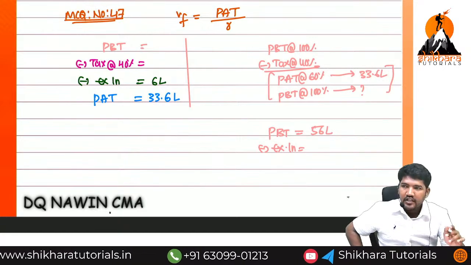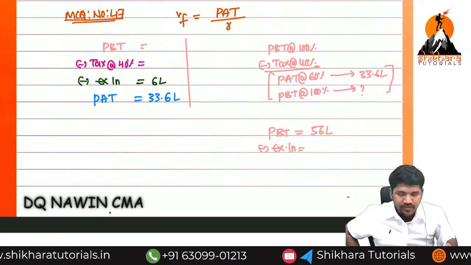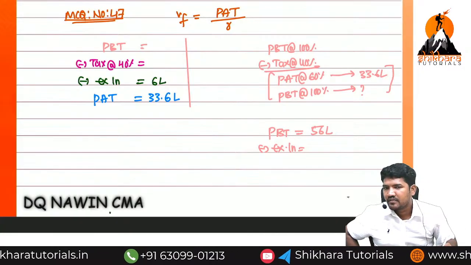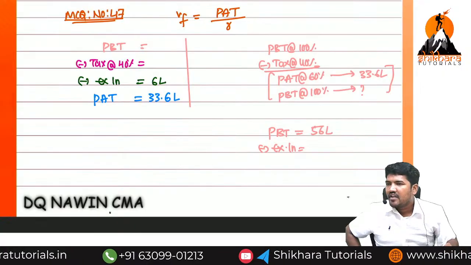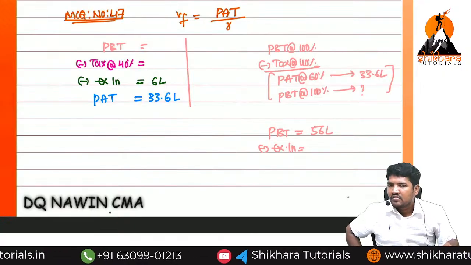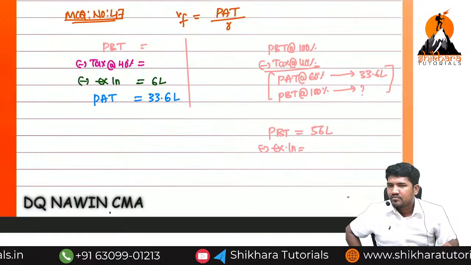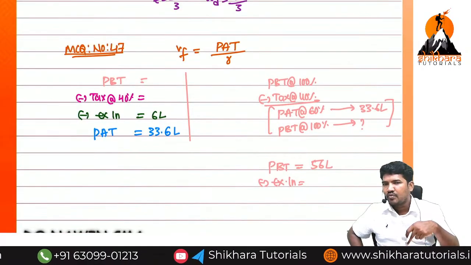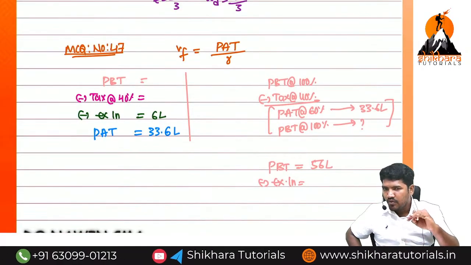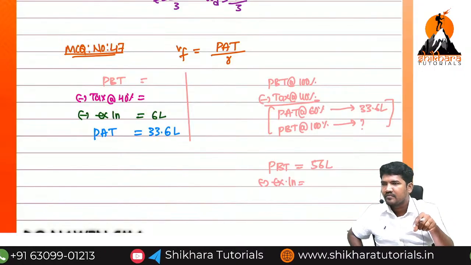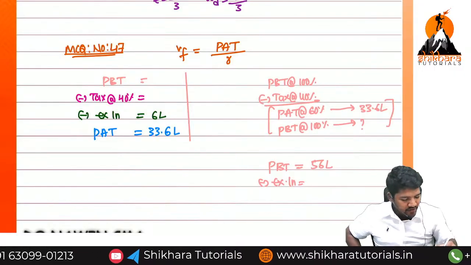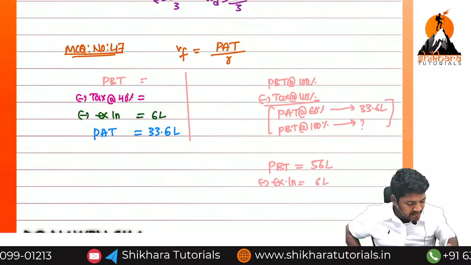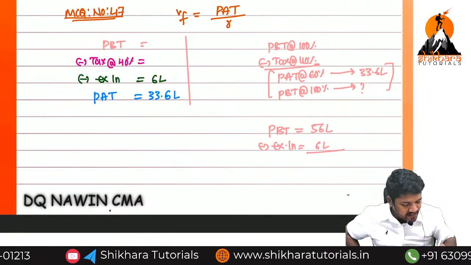Not eligible. Extraordinary income is already included, you already gained the tax benefit. That's why you have to reduce extraordinary income of 6 lakhs. After that you will get the taxable profit.